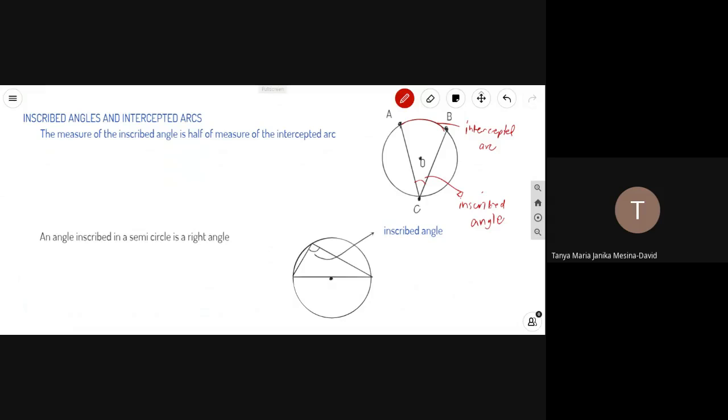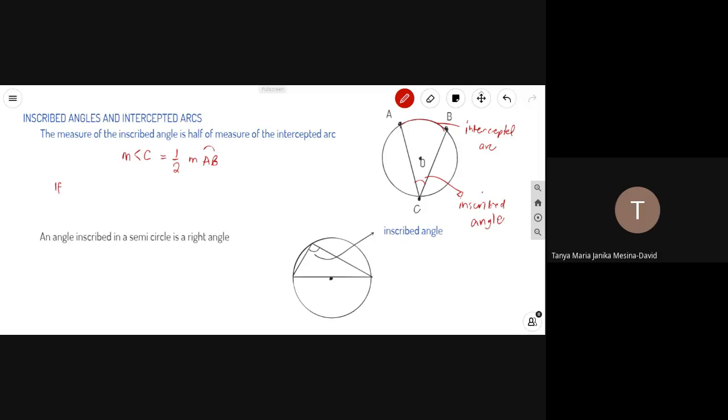Based on our definition, the measure of the inscribed angle is half the measure of the intercepted arc. This means the measure of angle C is equal to one half the measure of arc AB.